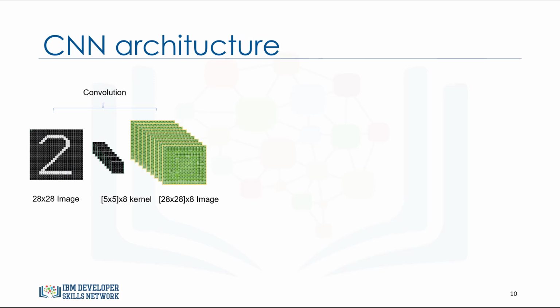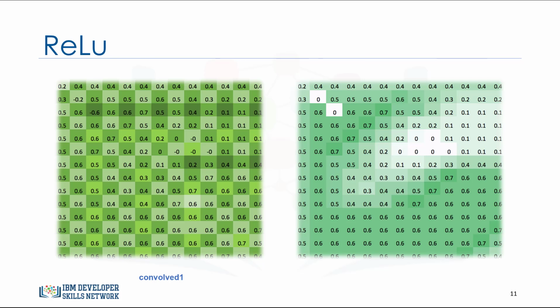Now we need to make a decision as to whether each hidden neuron should be fired or not. So we have to add activation functions to the neurons. We use ReLU, which is short for rectified linear unit, as the activation function on top of nodes in the convolution layer.